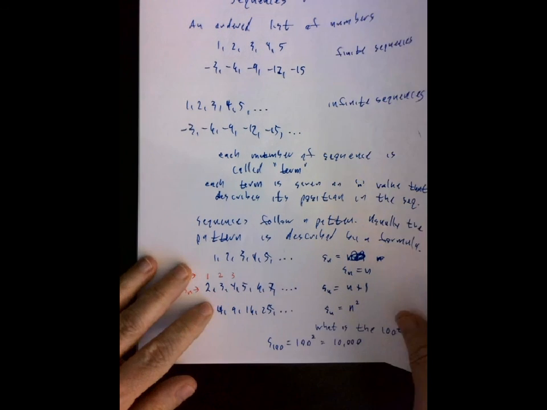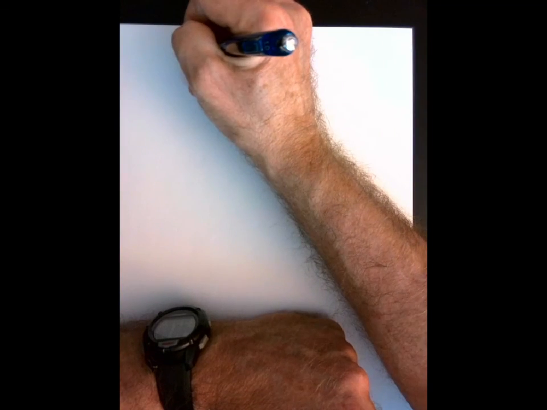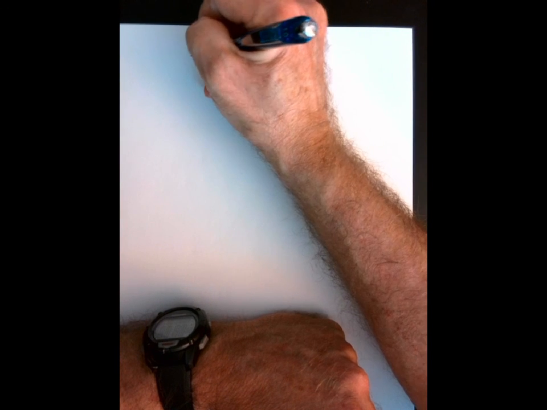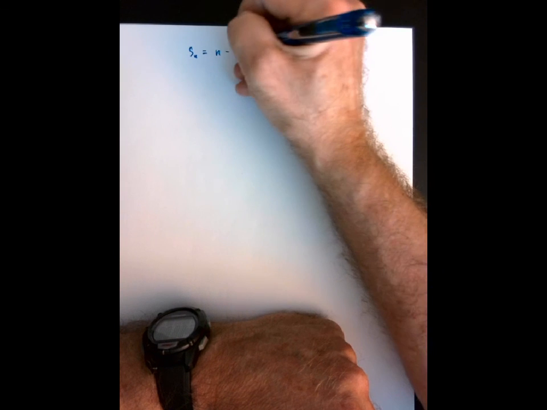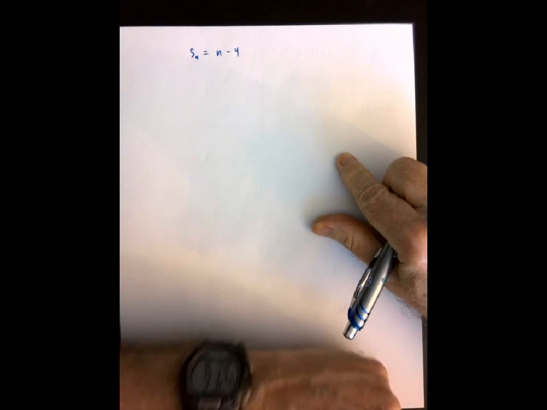So if I give you a formula for a sequence, S sub n, say, is equal to n minus 4, we can generate terms of that sequence.